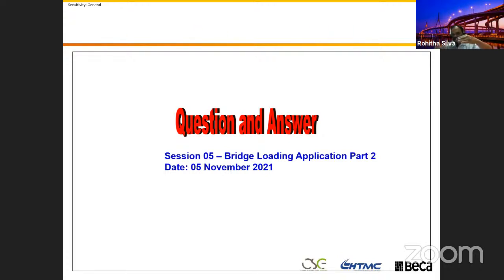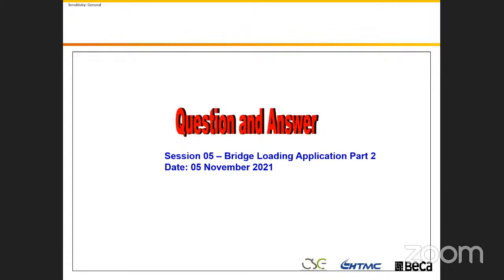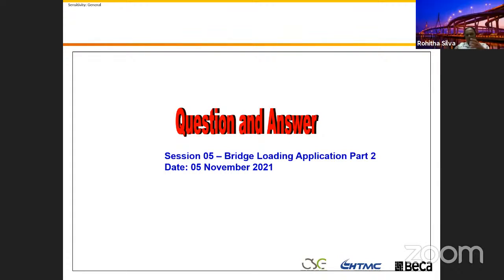I will draw sketches and put this graphically for you to understand. The load will distribute at, let's say, a 45-degree angle. If your cantilever length is 1 meter from the center of the load to the face of the cantilever, and you assume 45 degrees, your distribution length is 2 meters. So that bending will be resisted by the 2 meter long section at the face of the cantilever.